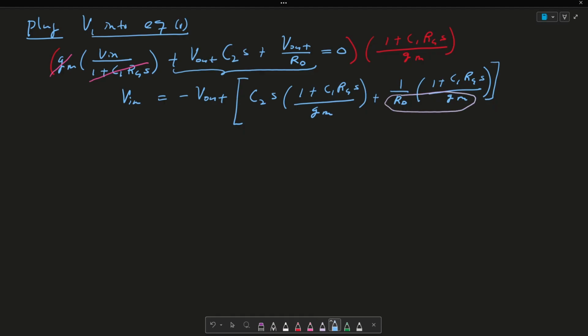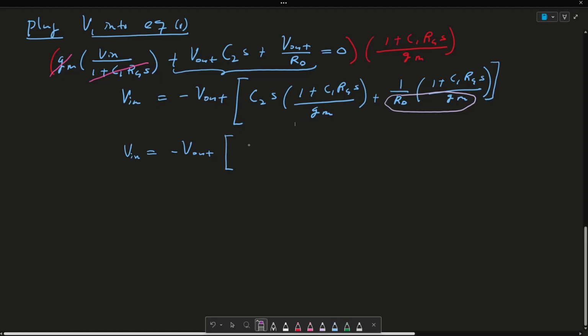So what I can do is I can say then that V in is equal to minus V out. In order to get RD into this denominator, I can write, and I'm going to go ahead and distribute my C2S as well. So then this becomes C2 RDS plus C2 C1 RG RD times S squared.